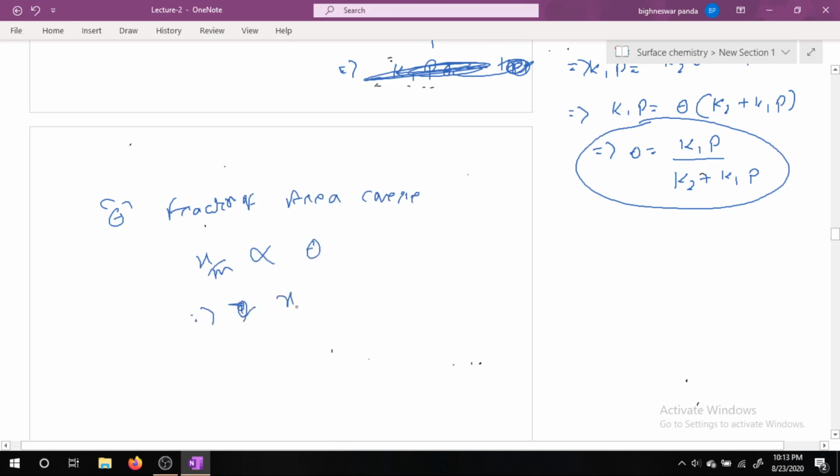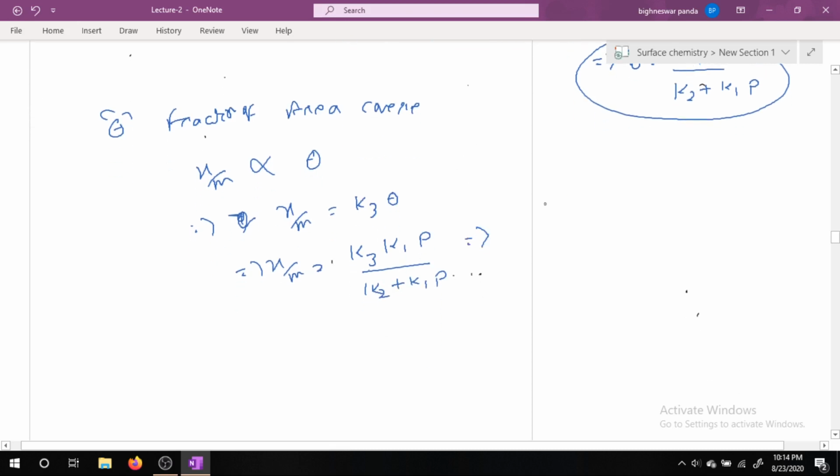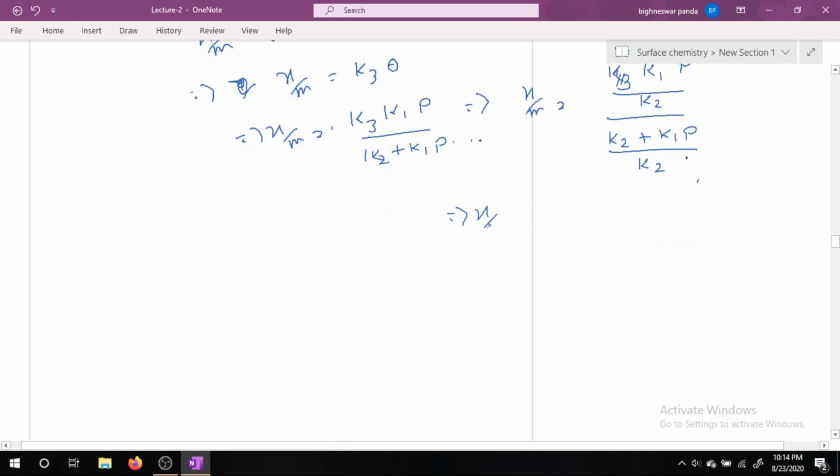So x by m is equal to K3 theta, and x by m is equal to K3 K1 P divided by K2 plus K1 P. Again, x by m is equal to K3 K1 P by K2 divided by 1 plus K1 P by K2.